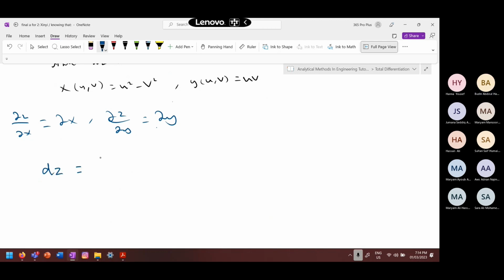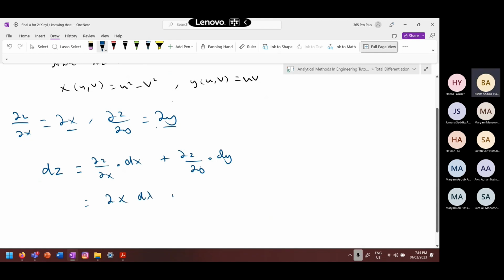The formula of dz is basically partial z over partial x multiplied with dx plus partial z over partial y multiplied with dy. Okay, just substitute the values here. You get 2x dx plus 2y dy.